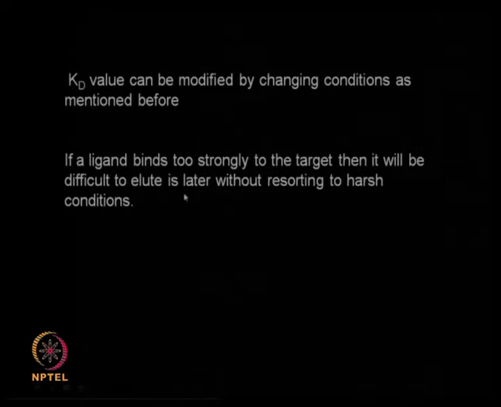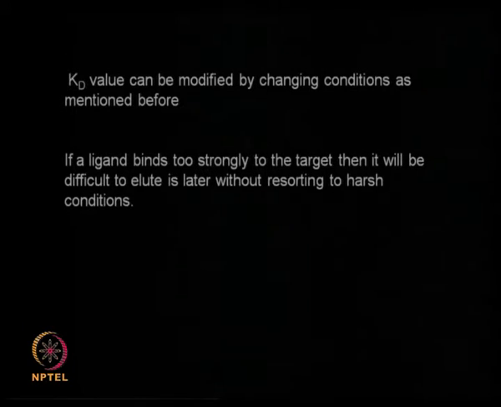But one big problem you need to consider is if the ligand binds too strongly to the target, then it becomes very difficult for it to elute out when you are doing the washing or the regeneration. So you need to consider this particular point. We do not want too strong a binding, because then you need very strong conditions to unbind whatever has been bound to the ligand.